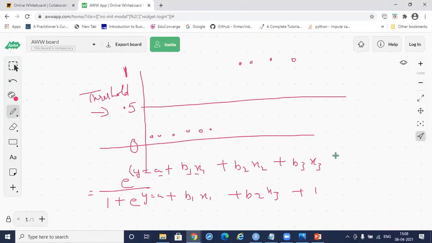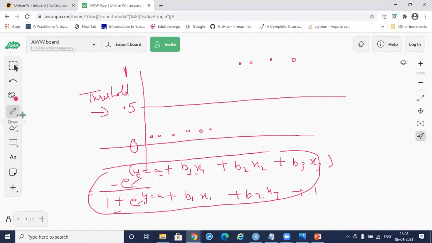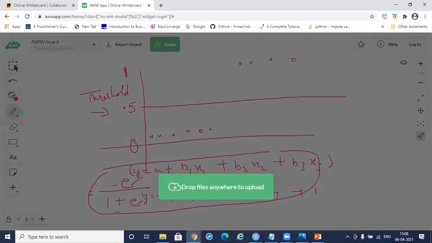Once y is calculated, it finds the exponential of y divided by 1 plus the exponential of y.